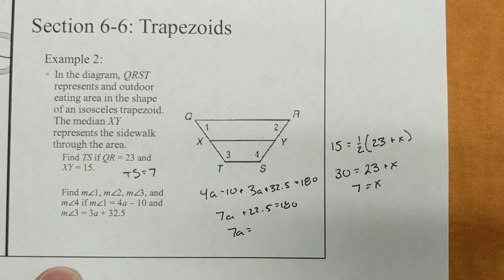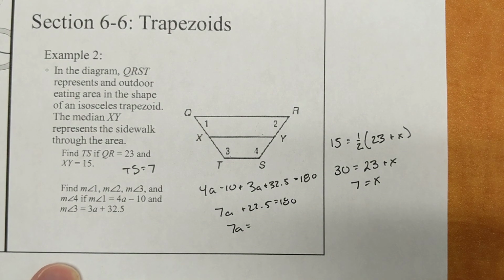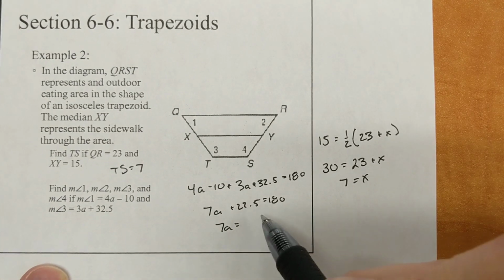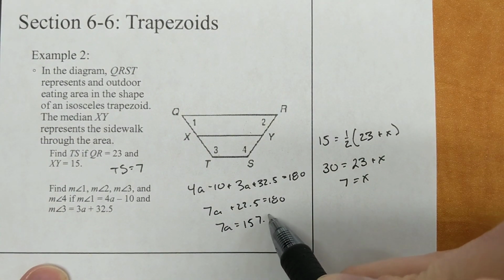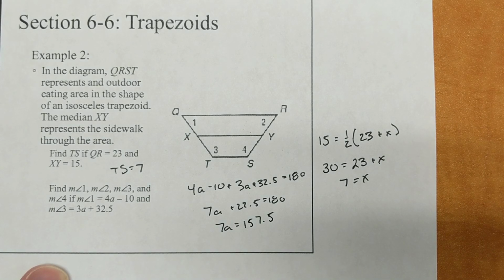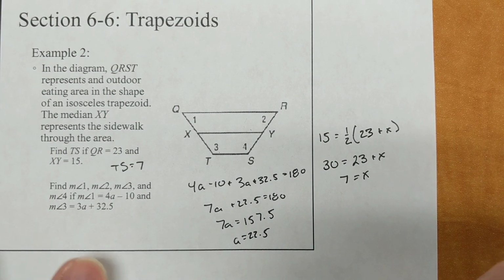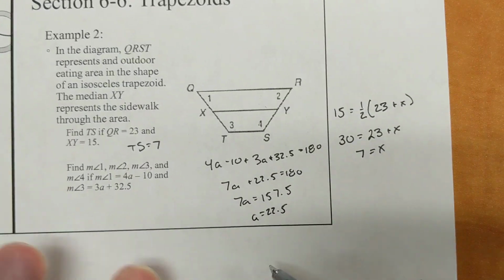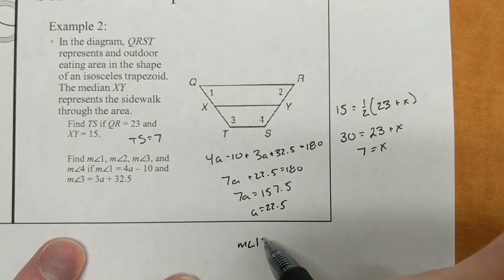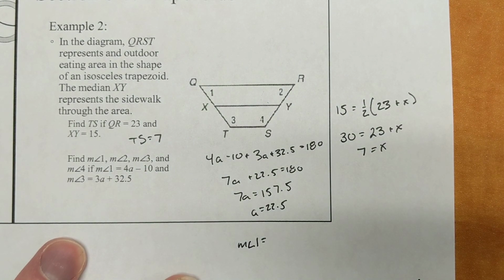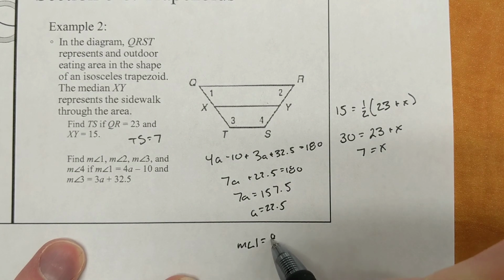So 7a is equal to 180 minus 22.5, which is 157.5, divided by 7. A is 22.5, and then we just have to plug everything back in. So for measure of angle 1, that's 4 times 22.5 minus 10, so that's 80.